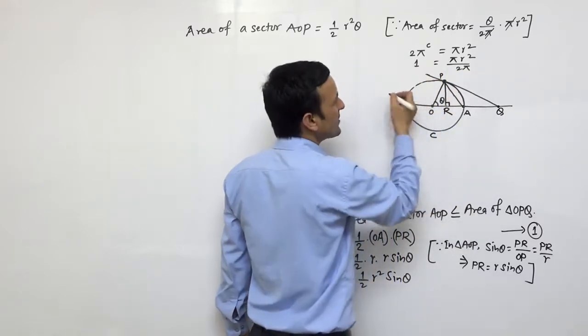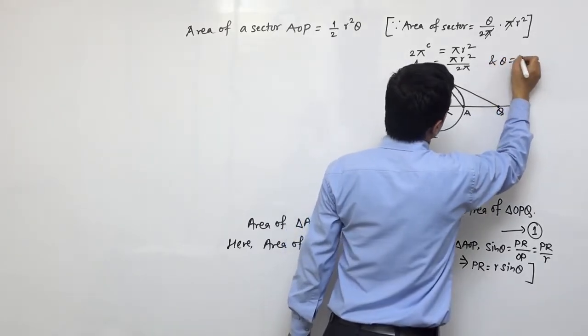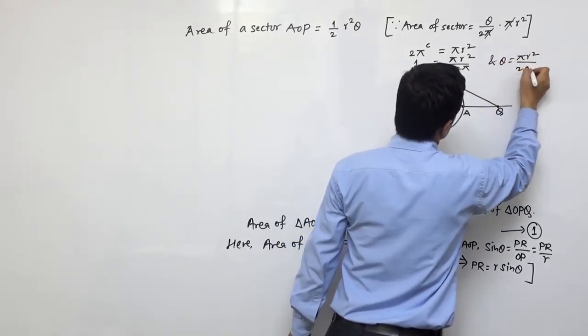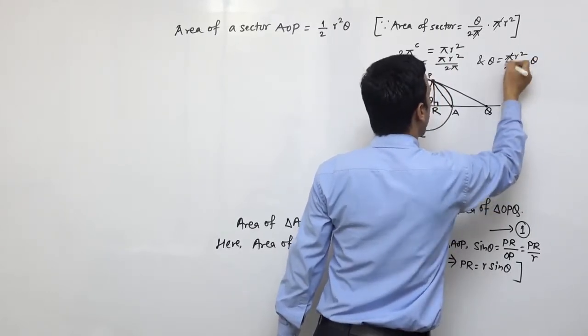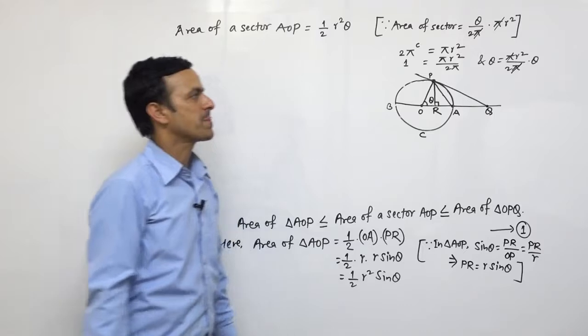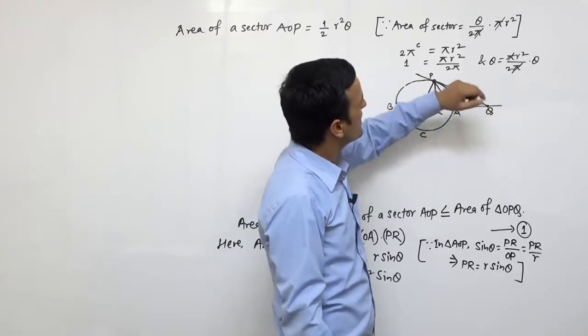And theta हुँदा कति हुन्छ? Theta हुँदा pi r square divided by 2 pi into theta. So if you cut down this one, then half r square theta. So in this way, also we can find out the value.